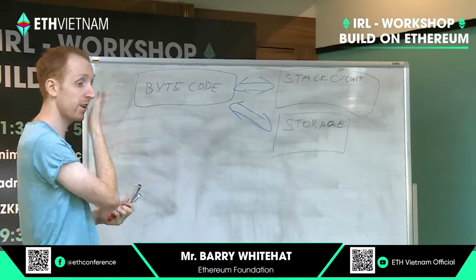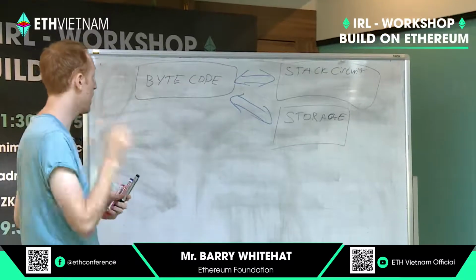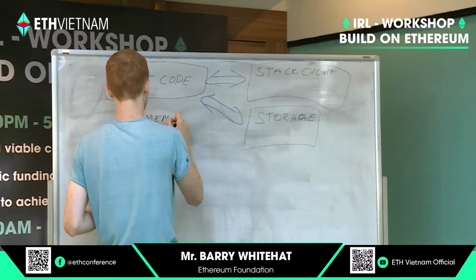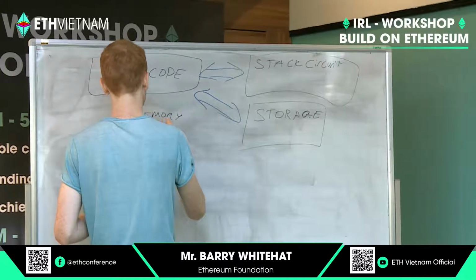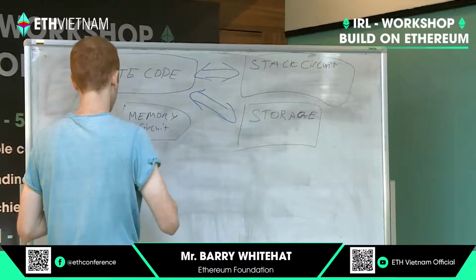So we have another connection between the bytecode circuit and the storage circuit, and our memory circuit has to go to storage and bytecode too. So our memory circuit goes to storage.